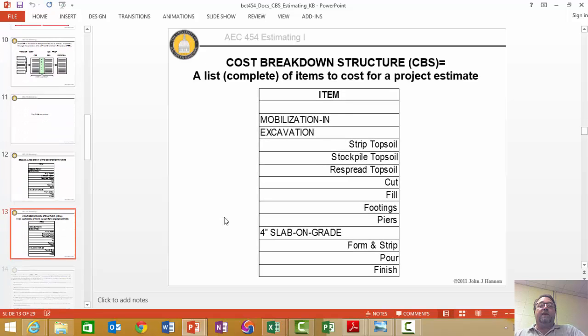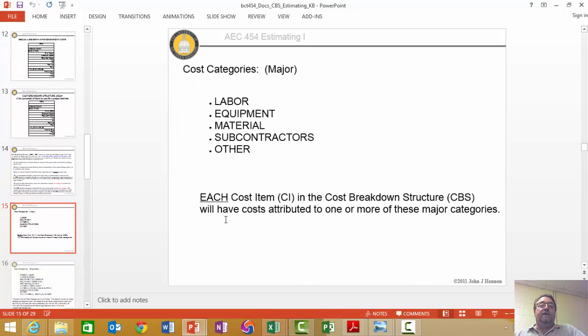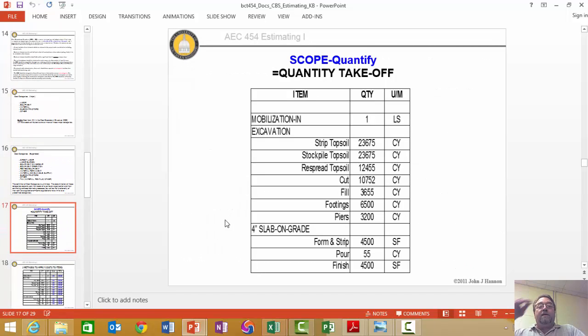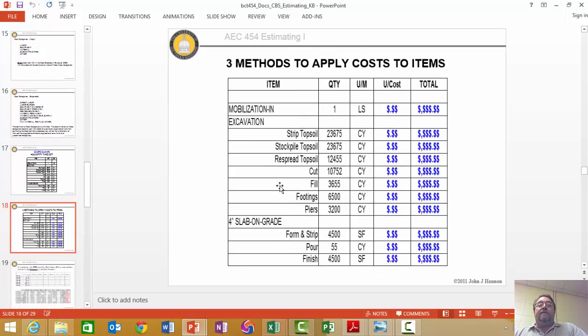So, basically, come back to that. To me, this is what I call a work breakdown structure, or a list of cost items in a cost breakdown structure. Most of these are verbs, at least the subordinate items are, and therefore they're activities.